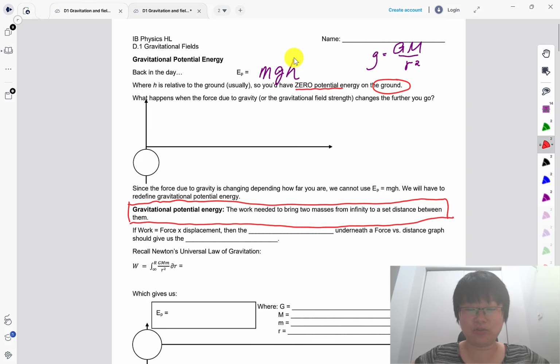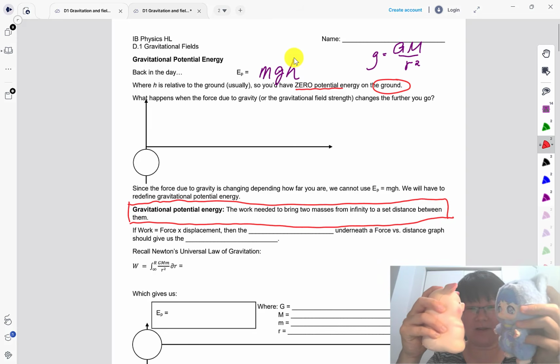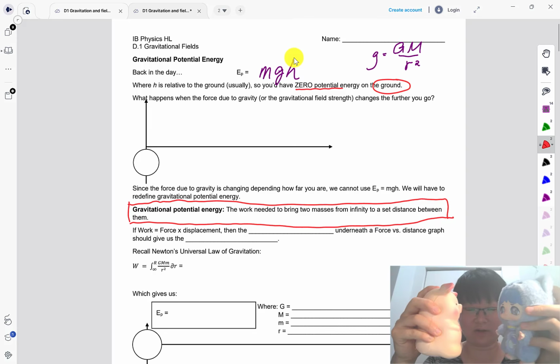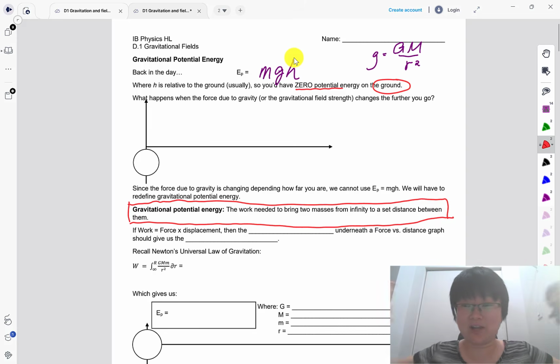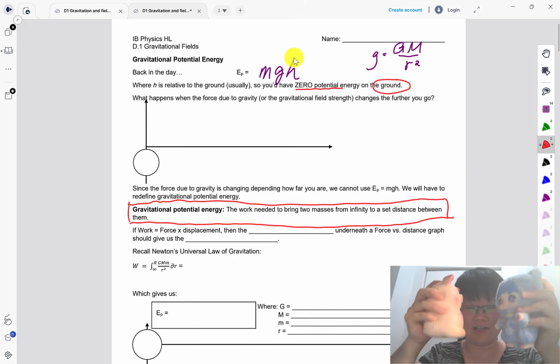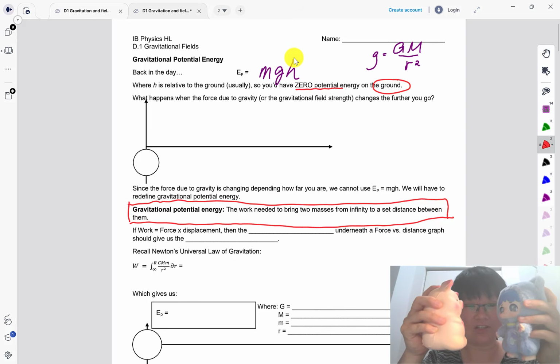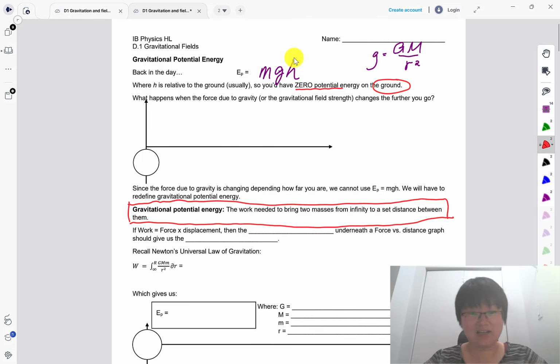So imagine I have to push them together, let's say 10 centimeters apart. This is relative to where I am, maybe not so much on your screen, okay? So imagine this is 10 centimeters apart. The amount of work I did to push them from infinity to this point is your gravitational potential energy, is the work done. And because I said work done, this automatically implies that the unit of this is the joule.